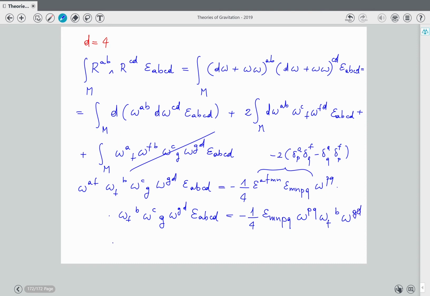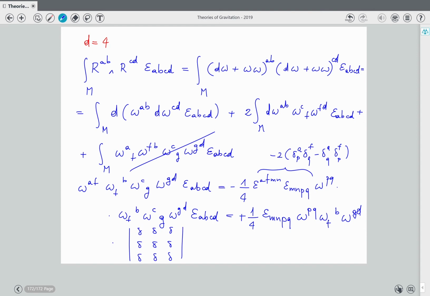Times the other two epsilon tensors. So actually you have a minus sign. We have to be careful because in the end we want to show that this is 0. So there is a minus sign because epsilon epsilon in Lorentzian manifolds give minus sign.